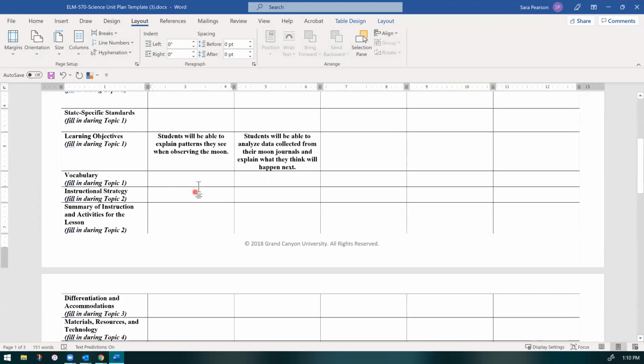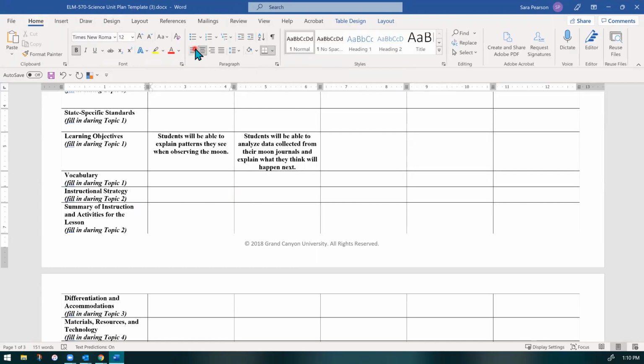Okay. So let's say up to this point, you're going to want to choose your instructional strategies. You might bullet them. You might say that we're going to use a science journal. You might say we're going to use maybe a cooperative learning strategy, such as think, pair, share.